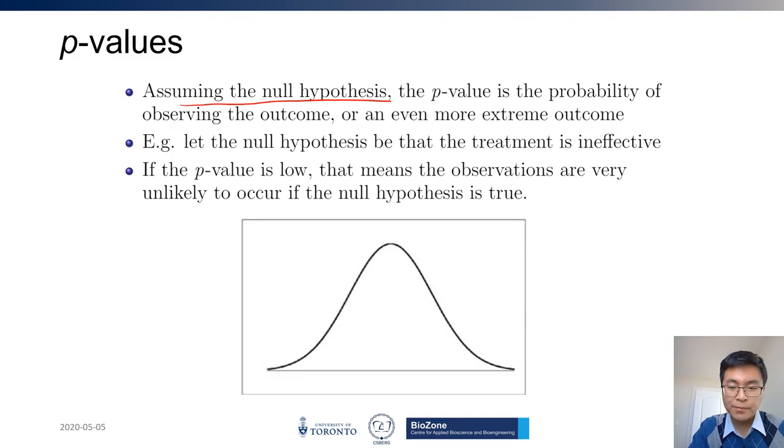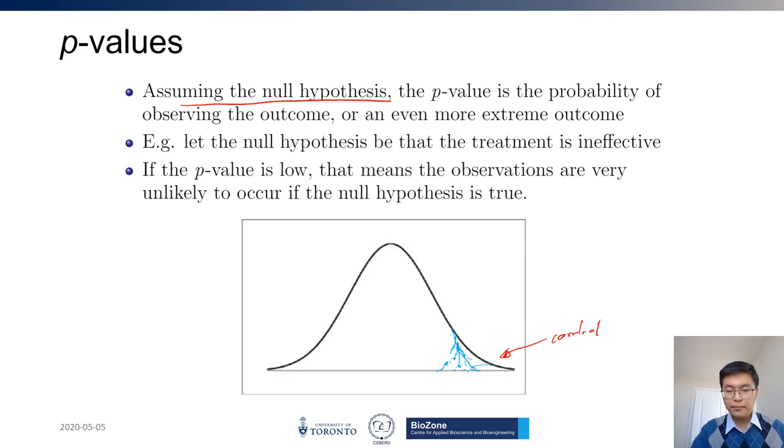Okay, so suppose that this black curve is your control group, and this is a distribution of some variable that you're measuring within the subjects in the control, and you have some treatment group that have data points that are clustered around this region here.